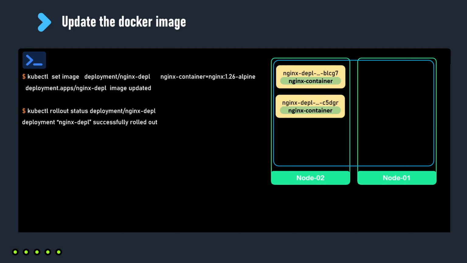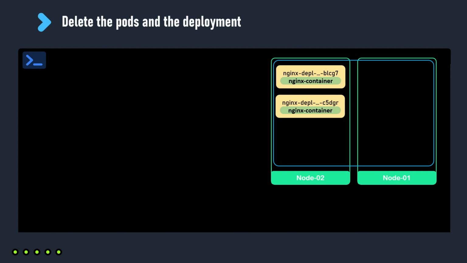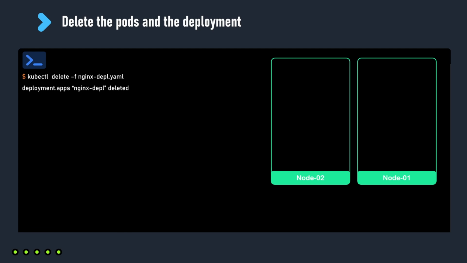Here we see that the nginx deployment was successfully rolled out. Finally, to delete the deployment, we use the kubectl delete command, followed by the -f option and the name of the YAML file used to create the deployment. And of course, when deleting the deployment, the associated replica sets and pods will be deleted as well.